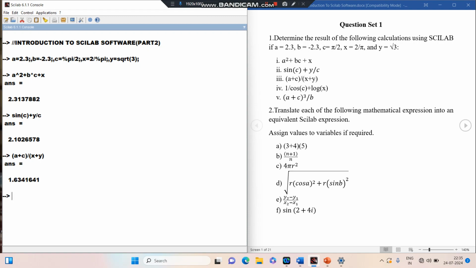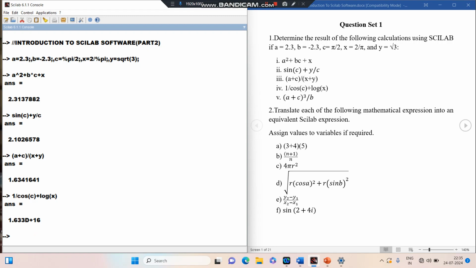Then the next one is 1 by cos c plus log c. 1 divided by, for cos we have the same command, cos into bracket c plus log into bracket x. So we got this answer.